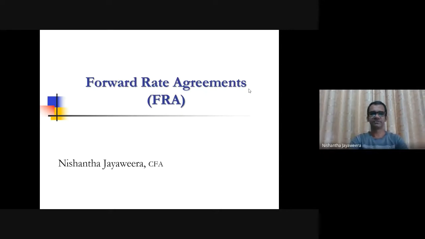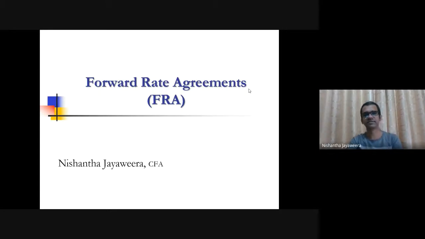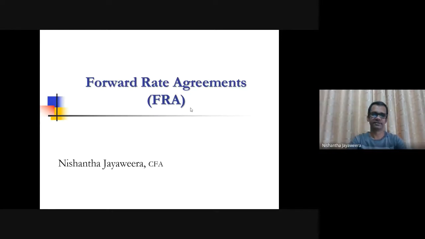Sometimes in the context of FX, we may say forward rate, but don't get confused with that forward rate and this. Whenever we say forward rate agreements, especially with respect to interest, it refers to this: what would be the interest rate on a future date for a period starting from that date?